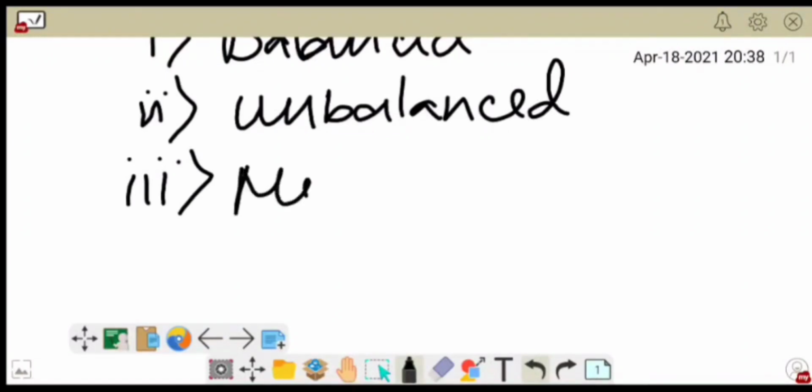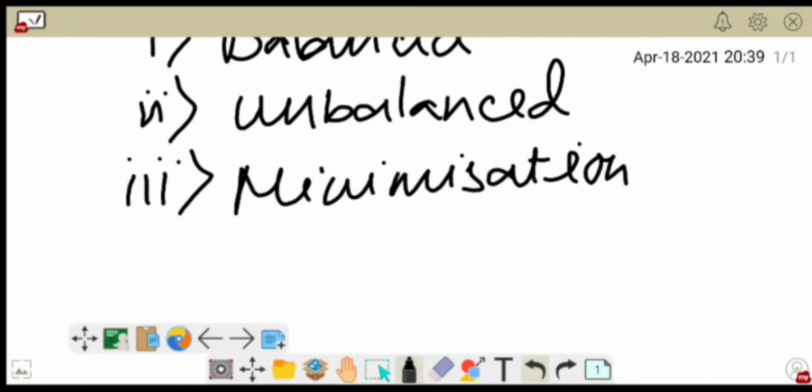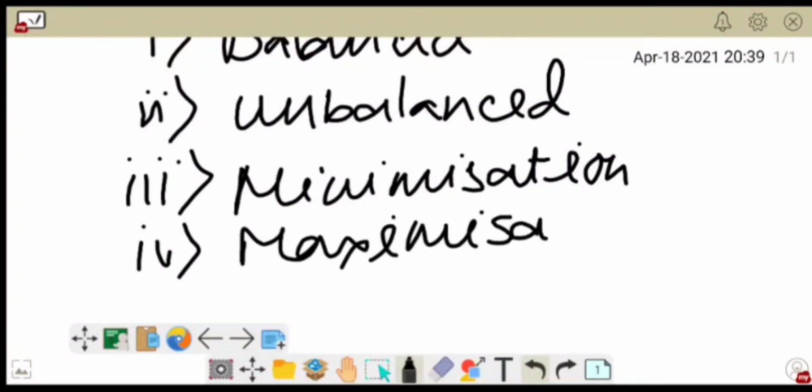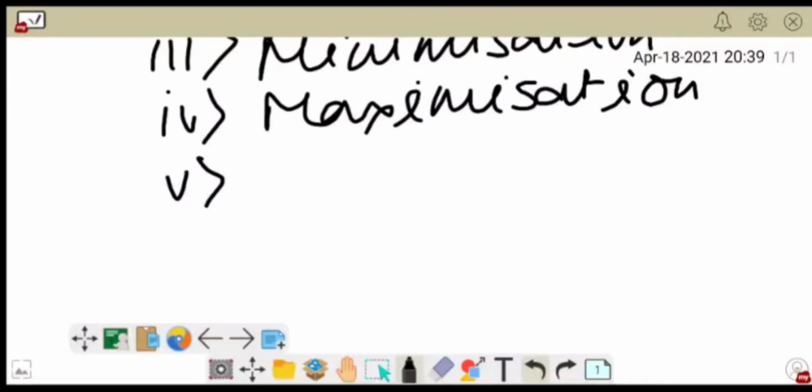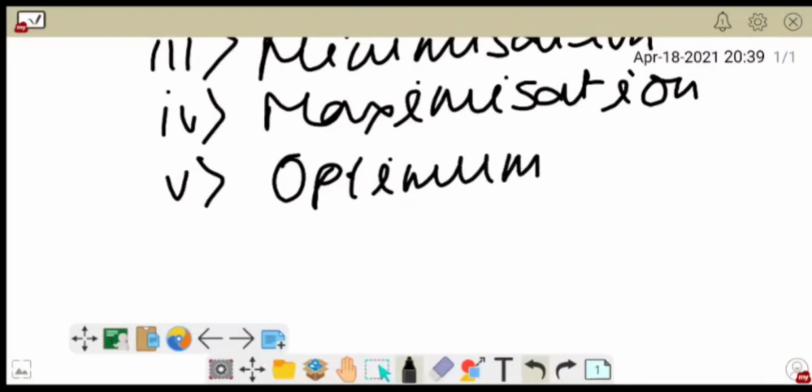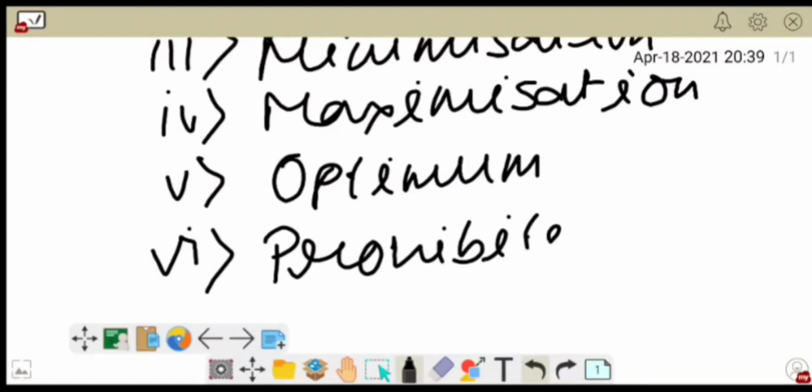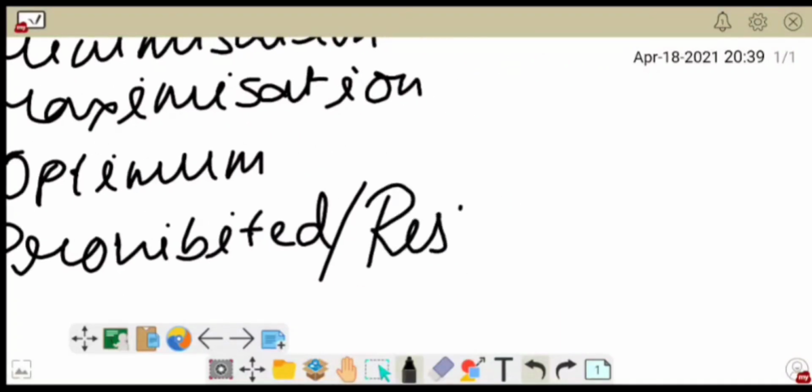Unbalanced, minimization, maximization, optimum, prohibited, or restricted.